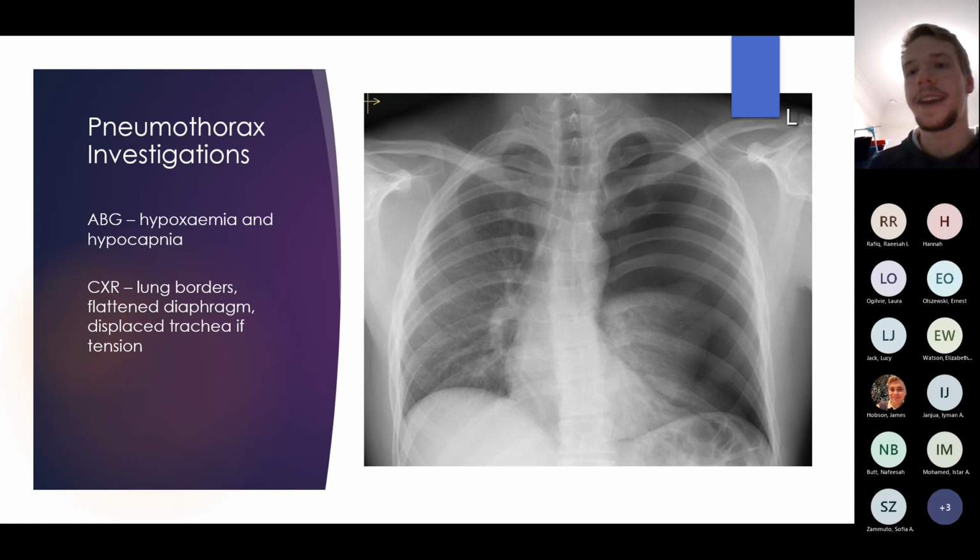Yeah, so a chest x-ray would normally be the initial investigation to try and prove that it is a pneumothorax. Do you know what you'd be looking for on the chest x-ray?